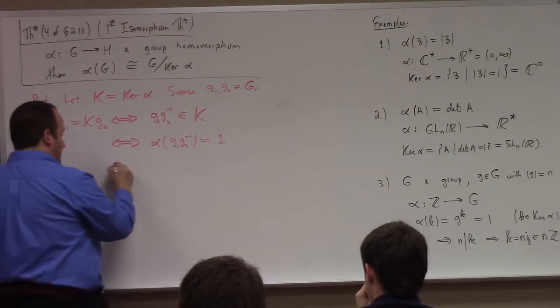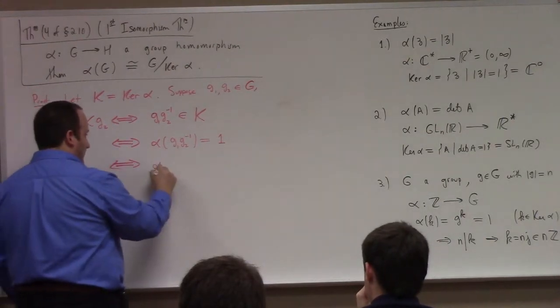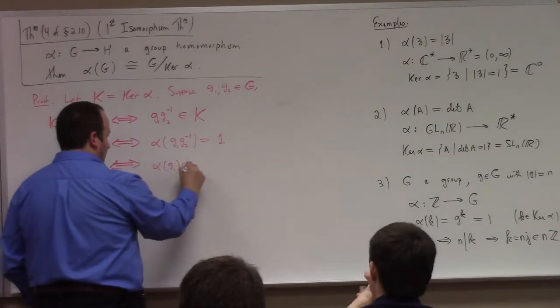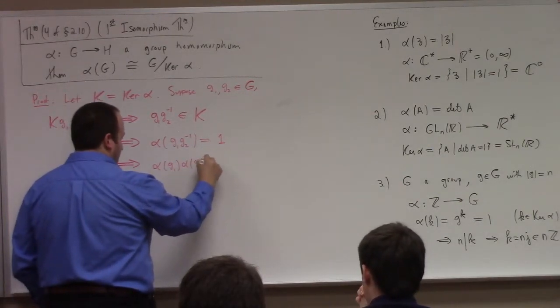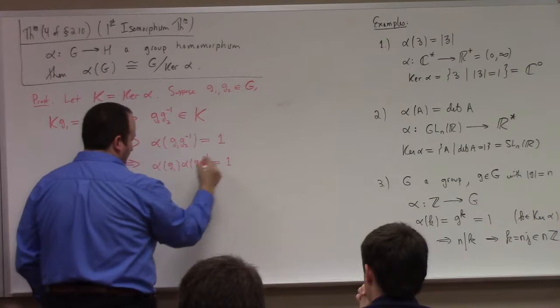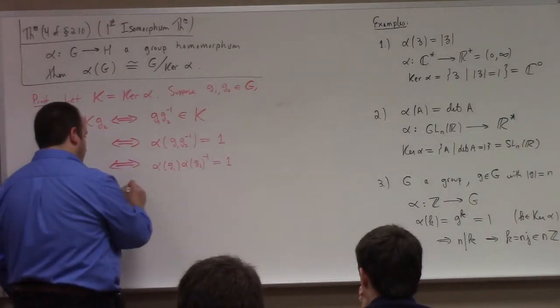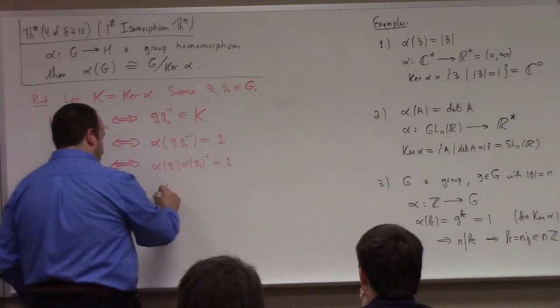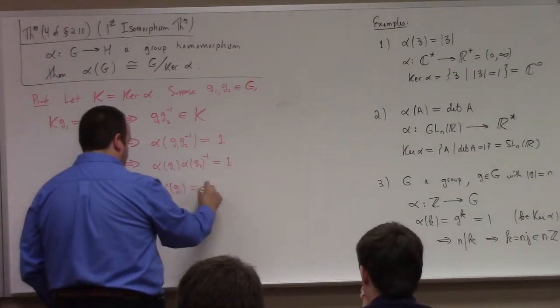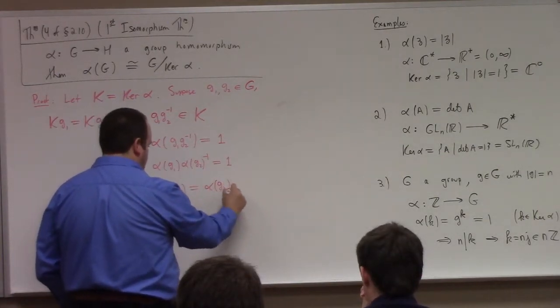Which is equivalent to saying that alpha of g1 times alpha of g2 inverse is equal to 1, by properties of group homomorphisms. Can pull the inverse out. And that's equivalent to saying what? Alpha of g1 equals alpha of g2.